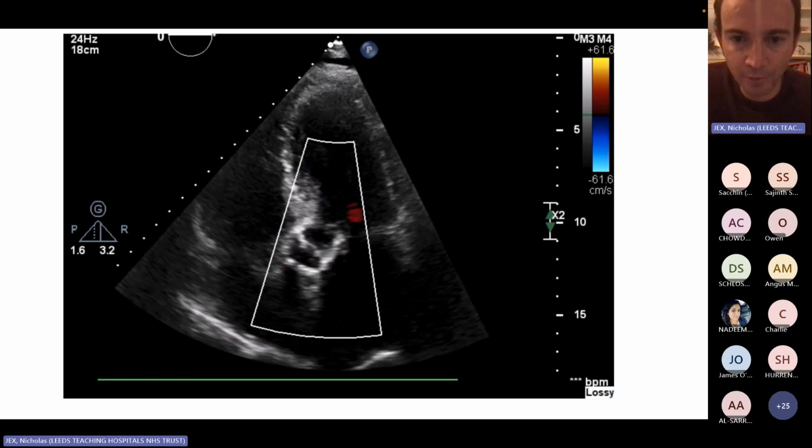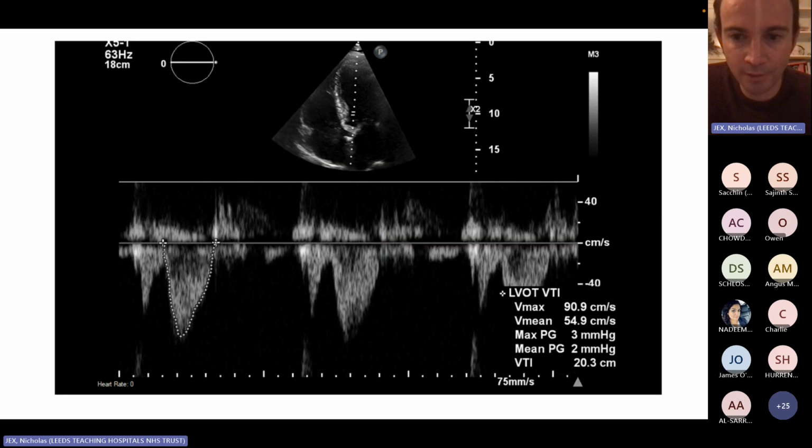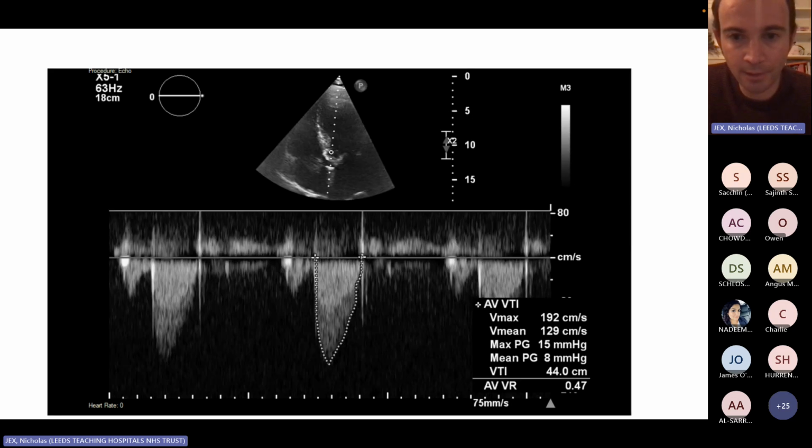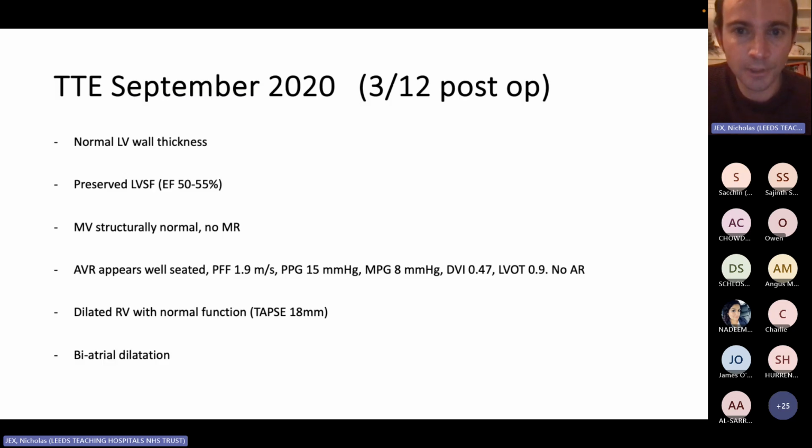Just shout out in the chat if you want to see any of the pictures again at any point. Here we've got some Dopplers of the LVOT and also CW through the aortic valve. So just to summarize, 3 months post-op, normal LV function, normal wall thickness, AVR is well seated and functioning well.